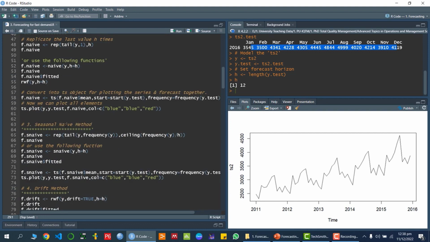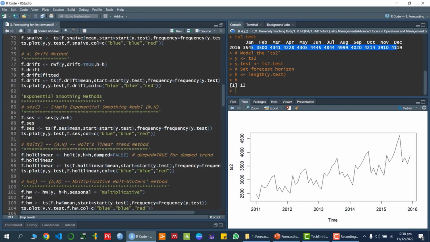Now let's see how we can apply the simple exponential smoothing method, that is SES. Y indicates the variable in which we have the data set. h equals h means we are assigning the forecast horizon, or either you can write 12 over here.